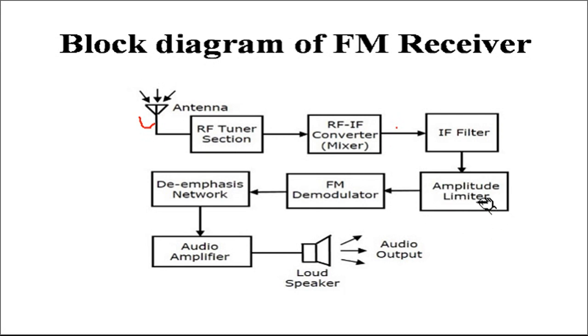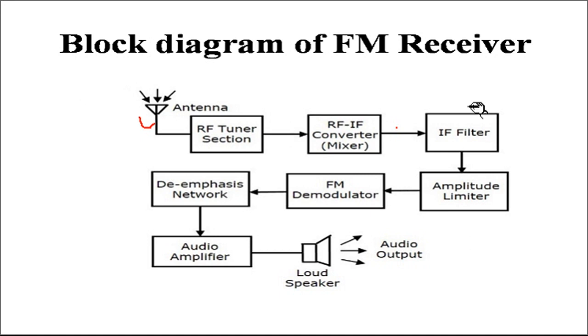What is the function of this amplitude limiter? We know in FM the frequency of the signal is varied, whereas amplitude and phase remain constant. We have a transmitter, a receiver, and in between them we have a channel. In the channel, noise is added. Noise always gets added into the amplitudes.